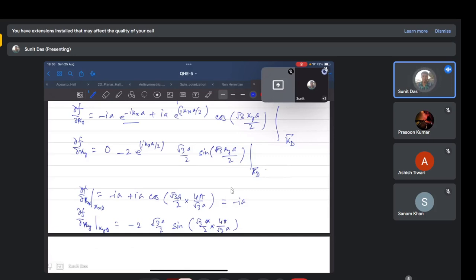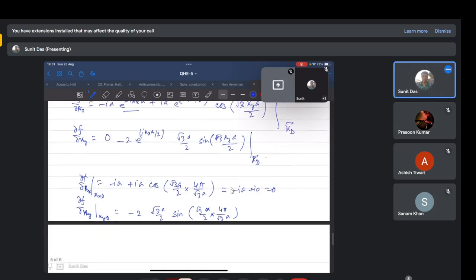Right, so this is minus ia, and then we have cos 2 pi, which is again 1, so plus ia equal to 0, and then we'll have sine root 3.